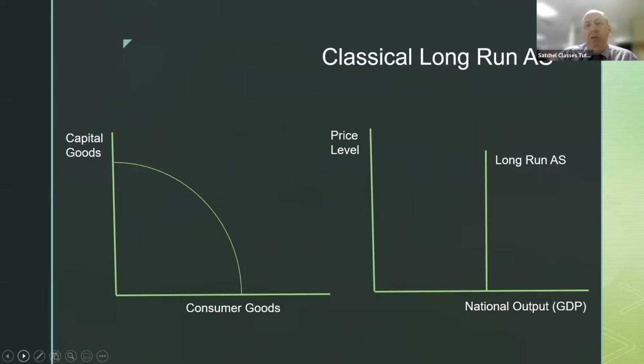So in the long run, obviously we can change things a little bit. But as we can see with our production possibility curve here, there is a limit to how far we can move things. So in the short run, we are probably here somewhere, or perhaps even closer to the curve here. But generally in an economy, there is going to be some unemployment, some capacity that's not utilized, some inefficiencies.